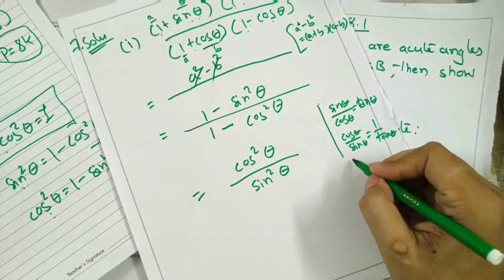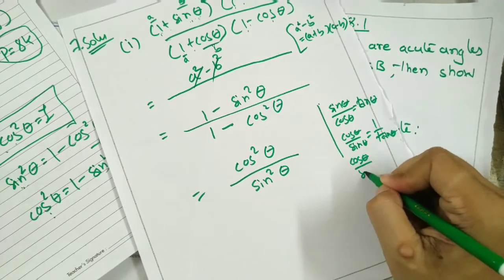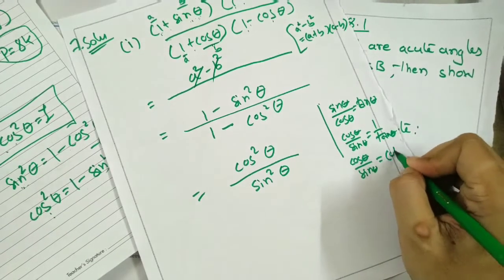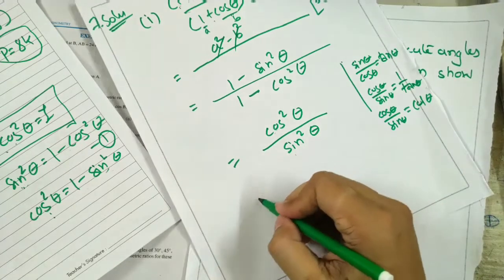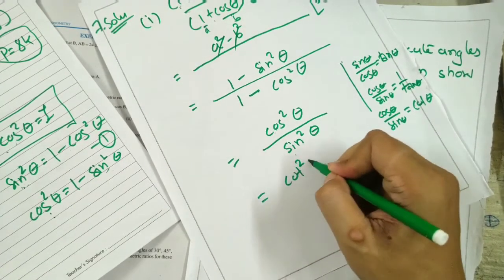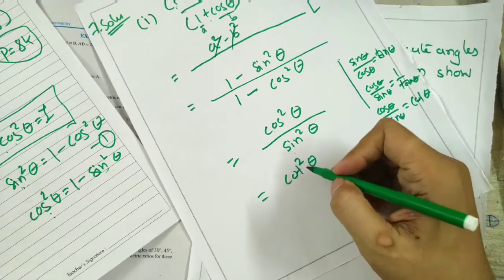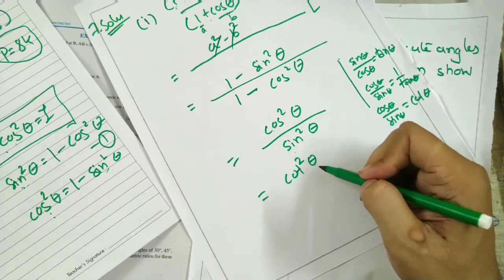So 1 by tan theta is cot theta. So in place of cos square theta by sin square theta, we can write cot square theta. So here we have got cot square theta.